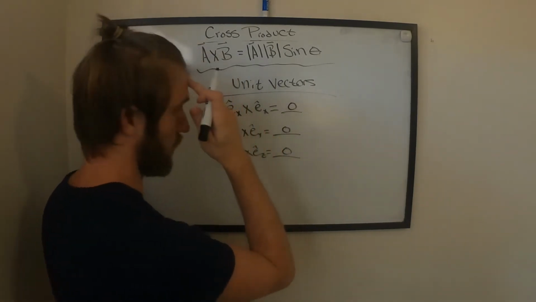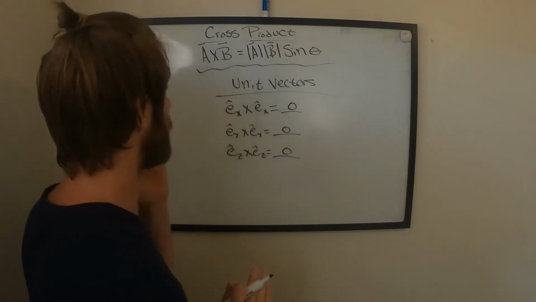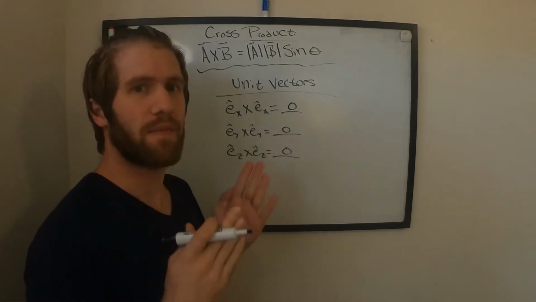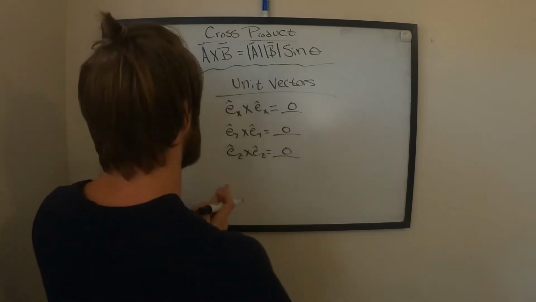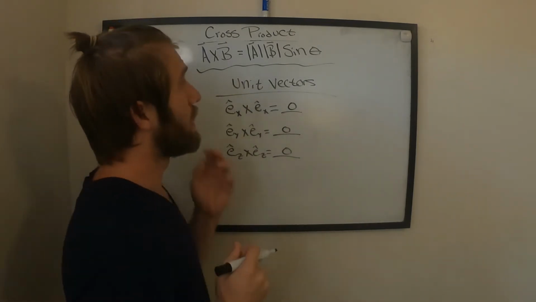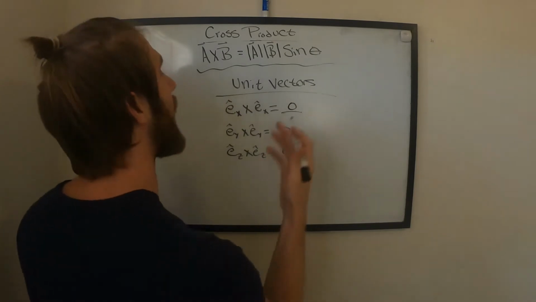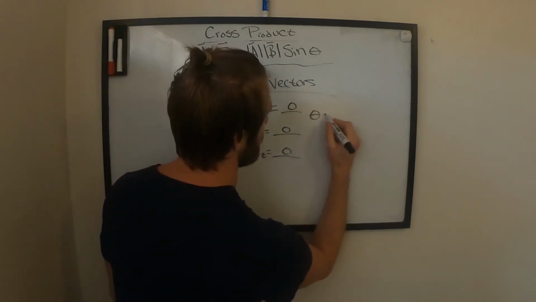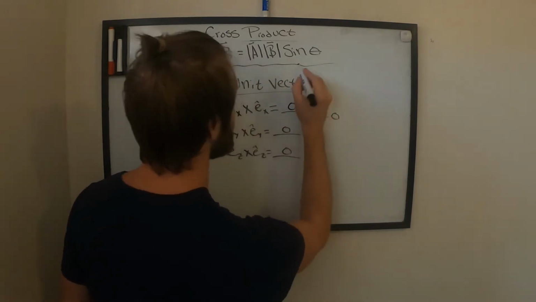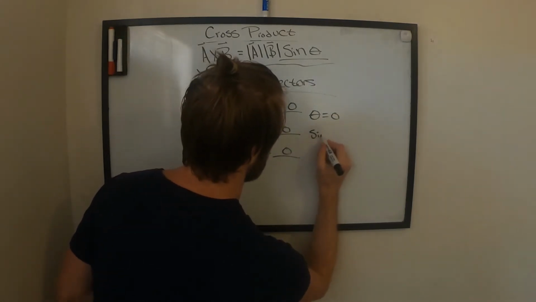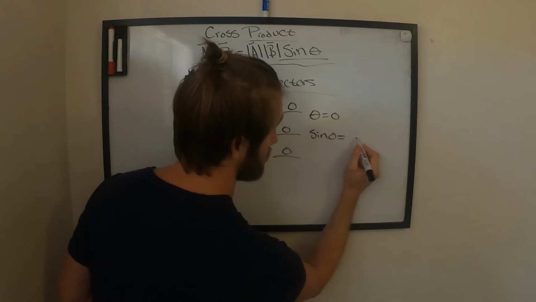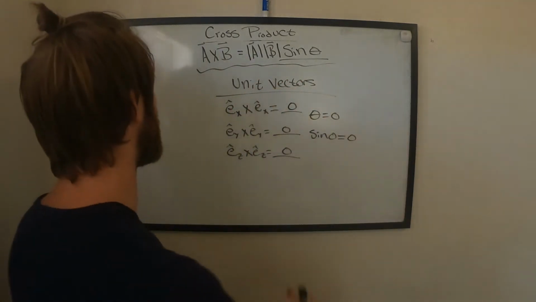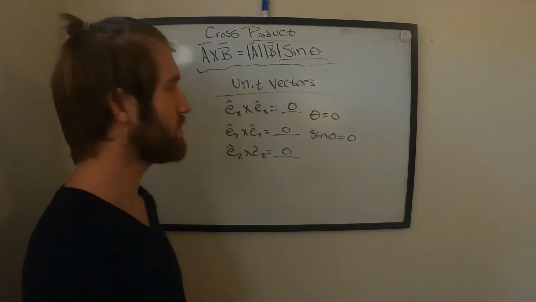And why is that? Well, as I mentioned, they are both facing the same direction. So because these vectors are facing the same direction, they are going to have an angle of 0. So if theta is equal to 0, that must mean sine of 0 equals 0, which just cancels out these other two terms, and you get A cross B equal to 0.